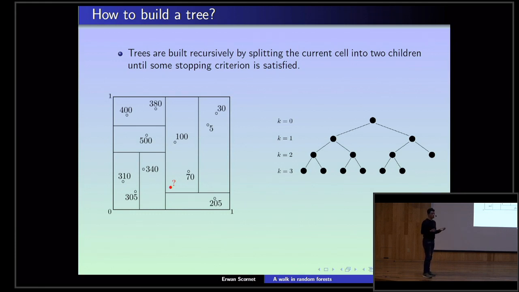Here I can compute, for example, the mean, the average of points belonging to this cell. So I will predict 85. I could build different predictions. I can compute the median, whatever you want, but by default it's the mean. Is it clear so far?